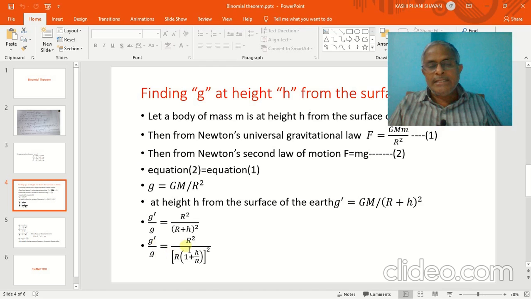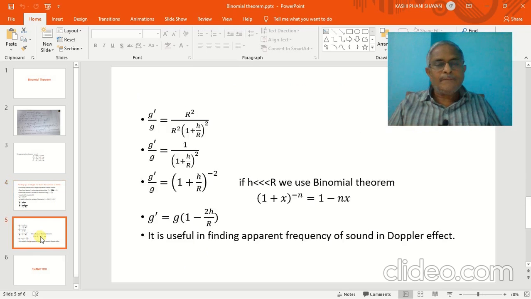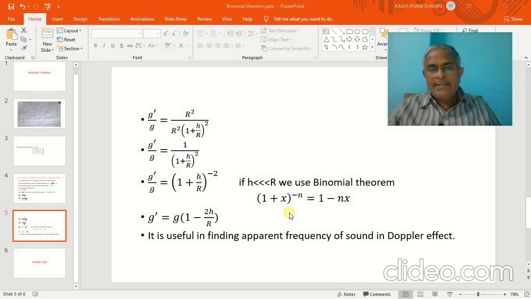So g dash by g is equal to R square by R square into 1 plus h by R whole square. R square gets cancelled.